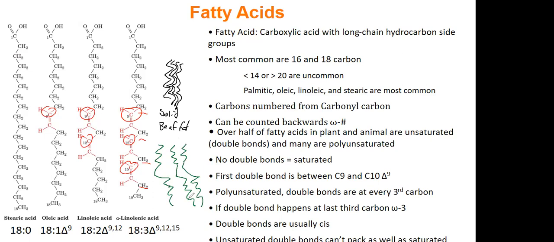And because you have that big kink, your fatty acids can't pack as well together as if they're saturated. So your unsaturated fatty acids, your olive oils, your other plant fats, they're more liquid at room temperature. That's why if you're cooking, it's usually better to use olive oil than it is to use lard. Just because when it goes inside your body, it's going to make a big difference if those fatty acids can pack closer together or not.